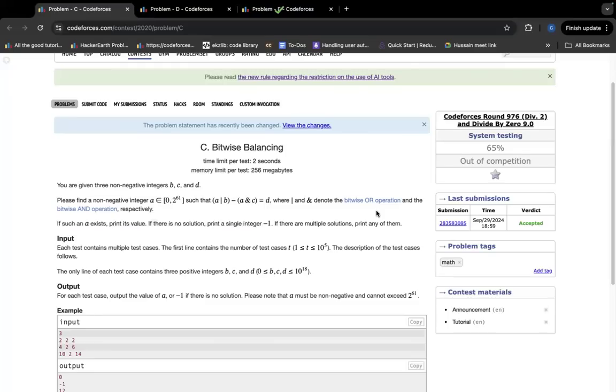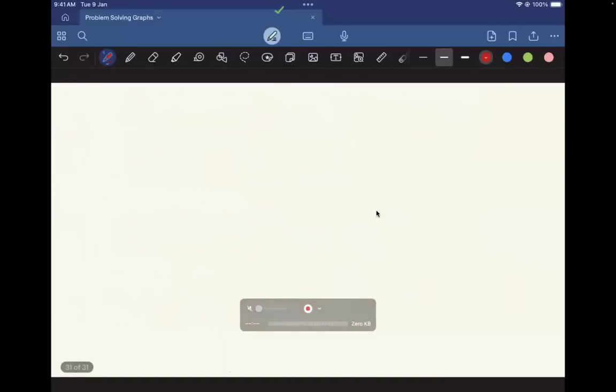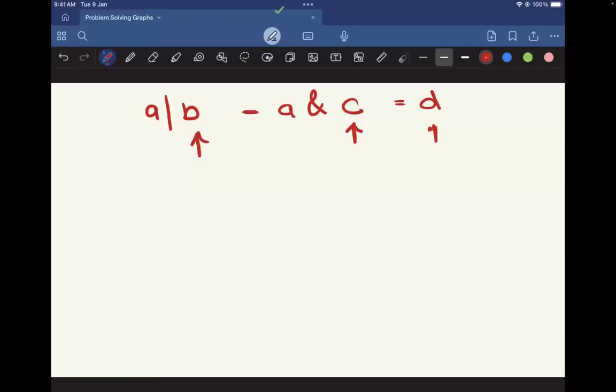Okay. So guys, what does the problem say? The problem says that we are given an equation: (A or B) minus (A and C) is equal to D. We are given B, C, and D. We want to find A. This is what we want to do.